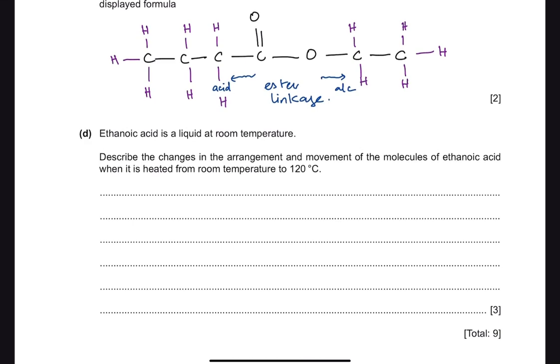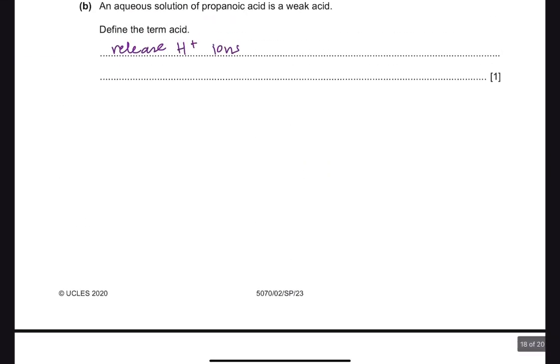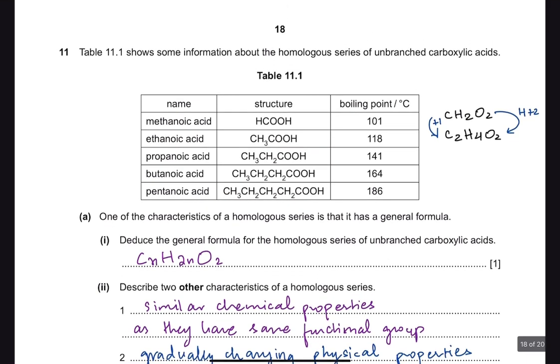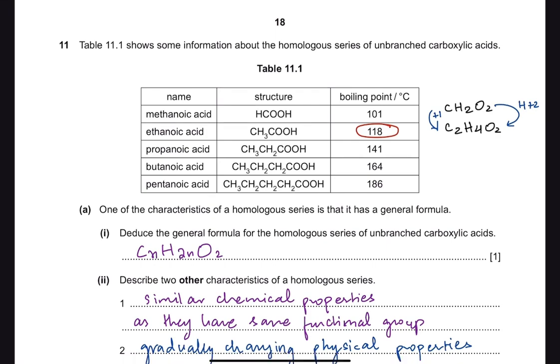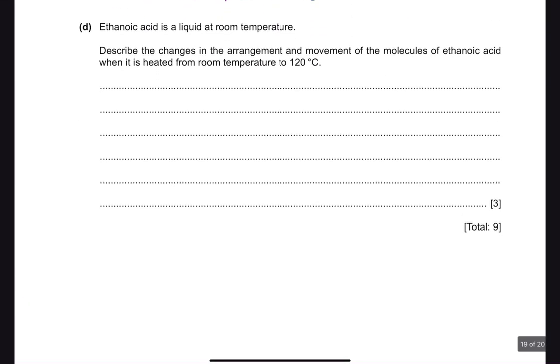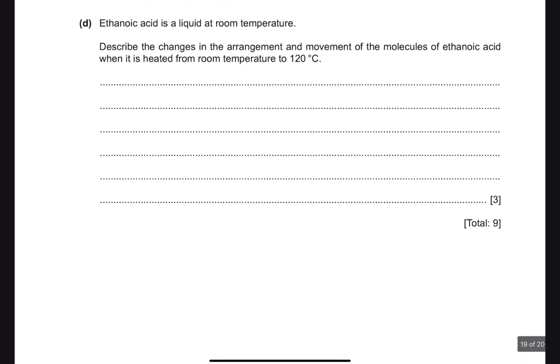Ethanoic acid is a liquid at room temperature. Describe the changes in the arrangement and movement of the molecules of ethanoic acid when it is heated from room temperature to 120 degrees Celsius. If I go back and notice, ethanoic acid has a boiling point of 118 degrees, which means that it will also boil during this change.